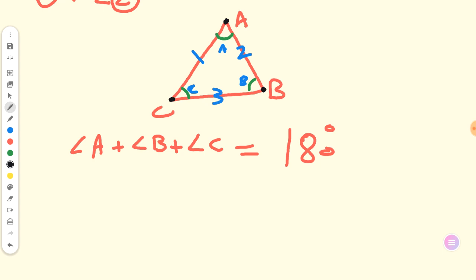Okay? So what are the types or names of triangle? We can call the triangle in 2 ways.